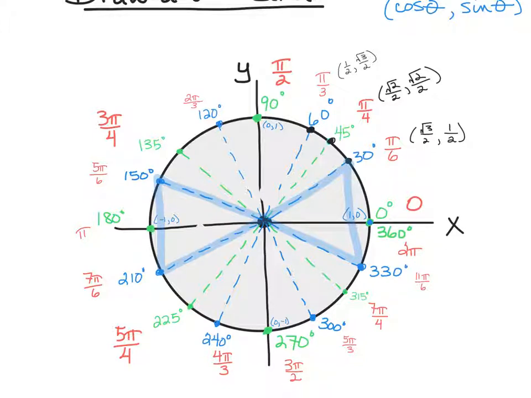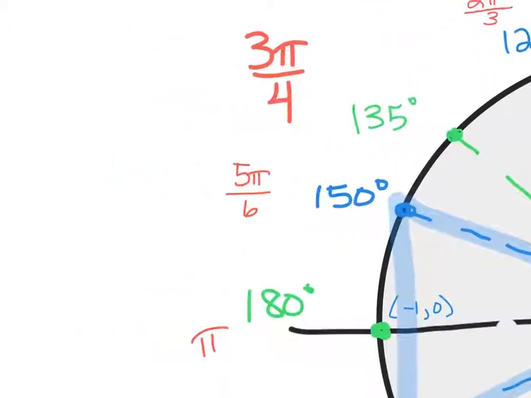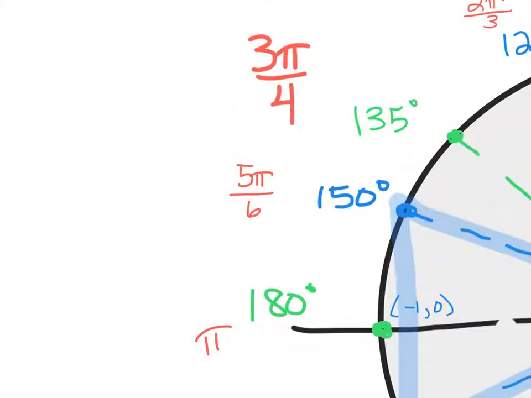So for example, in quadrant 2, all of your x values are negative and all of your y values are positive. So when you get into quadrant 2, you're still going to use the radical 3 over 2 and the 1 over 2 for the 150, but the thing that's going to change is that you are going to make the x value negative. So it's going to be negative radical 3 over 2 and positive 1/2.